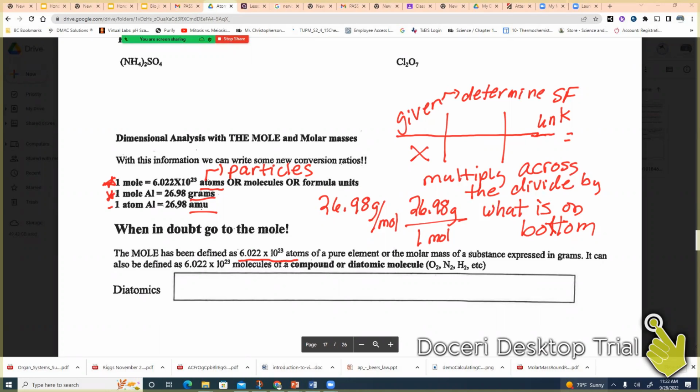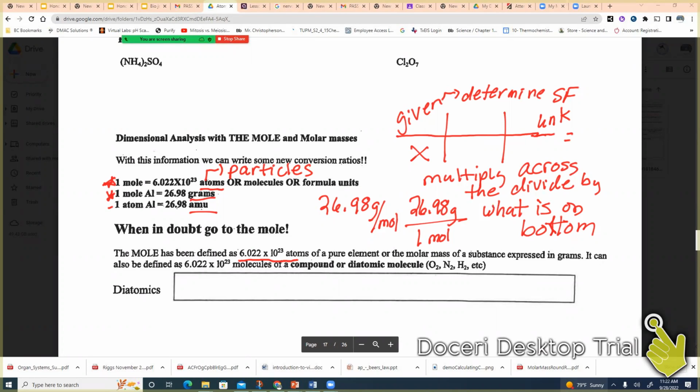It can also be described as Avogadro's number if we're talking about molecules of a compound.